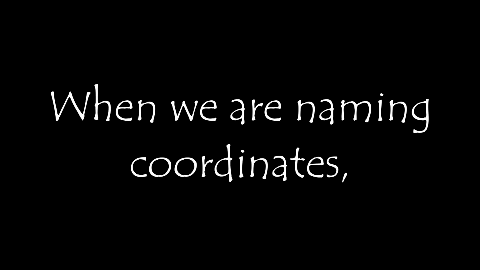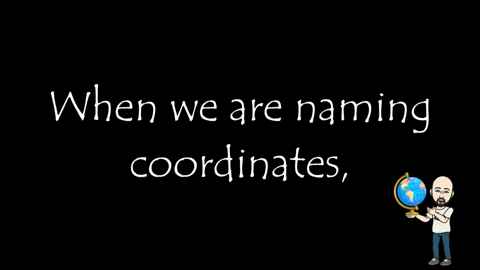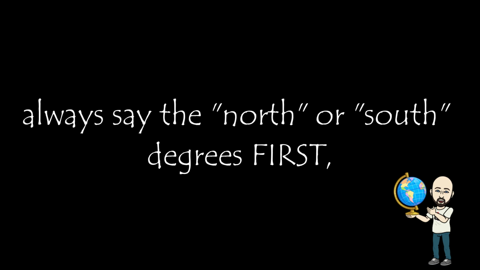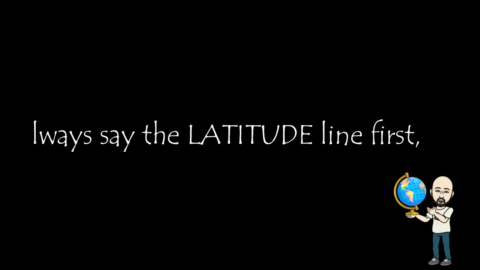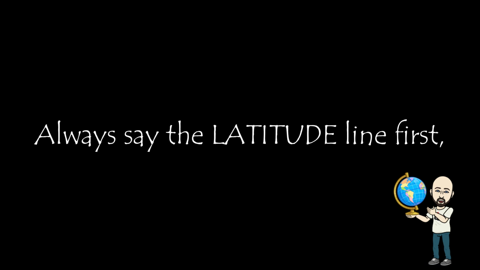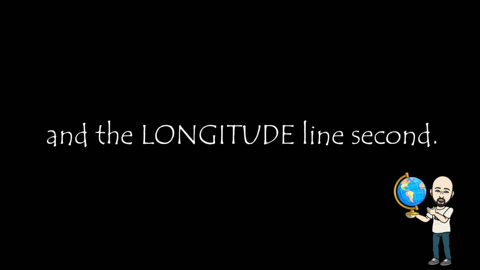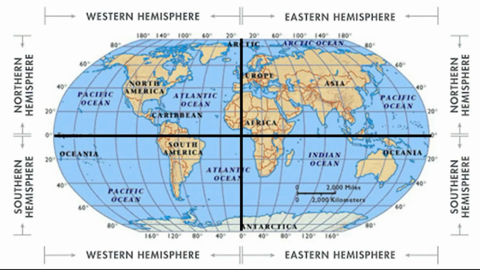So when we are naming coordinates, we always say the north or south degrees first, and then the east or west degrees. So you'll see I'm always naming the latitude line first and the longitude line second. So let's take a look at this point in the Earth right here.